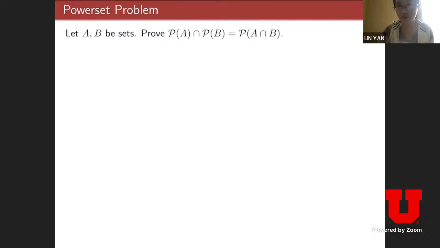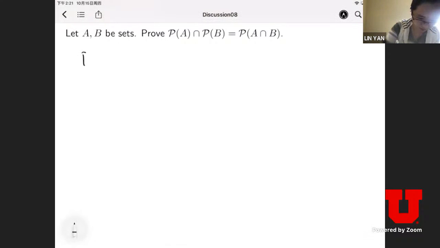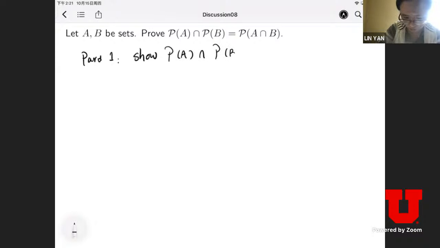Okay, in order to prove that these two sets are equal, we still need to divide it into 2 parts. Part 1. Show the power set of A intersect the power set of B is a subset of the power set of A intersect B. Still, we choose an element from the left-hand side.